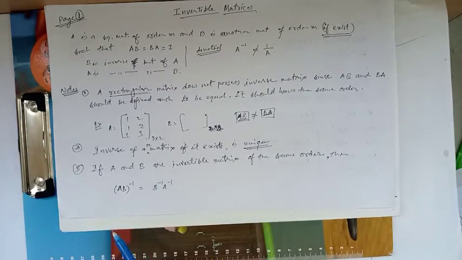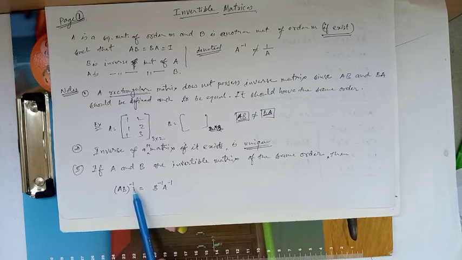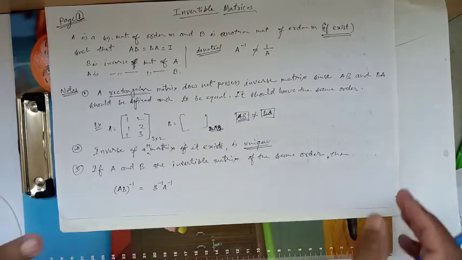So what we are doing is we are finding AB, and after finding AB, we are finding the inverse of that. We can also find B inverse first, then A inverse, and after that we can multiply. Both will have the same answer.